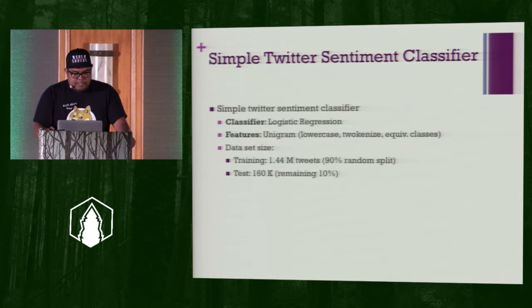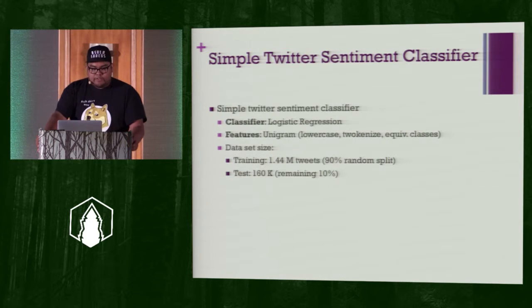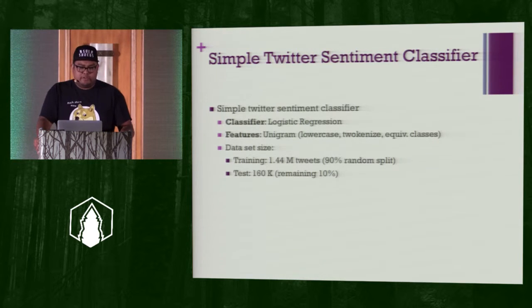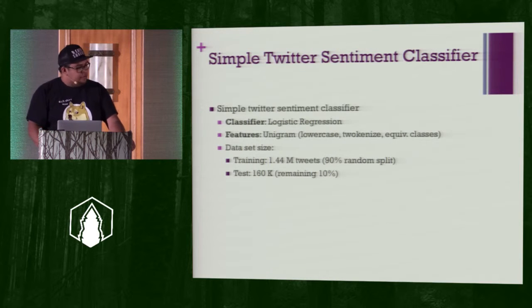As a recap of our classifier, we have logistic regression. We have some simple bag-of-words unigram features with some special normalization. We have our data set consisting of about 1.6 million tweets, and I segmented that to 90% randomly being used for training, and then about 10%, or 160,000 tweets, remaining to do the evaluation. So how does this model do?